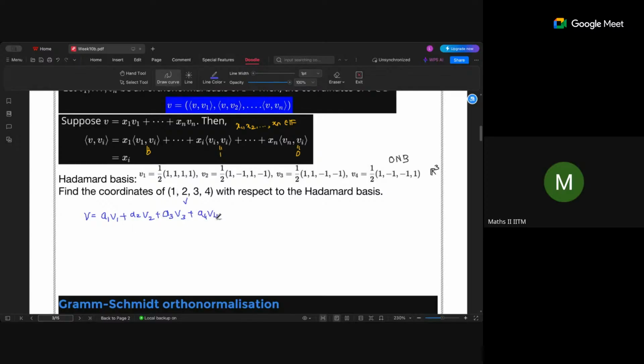Everyone calculate what the a's are and tell me the answer. a1 equal to 5, a2 equal to minus 1, a3 equal to minus 2, a4 equal to 0.